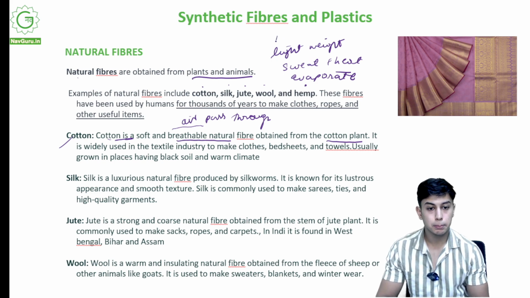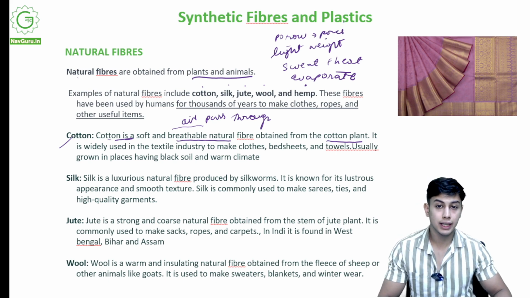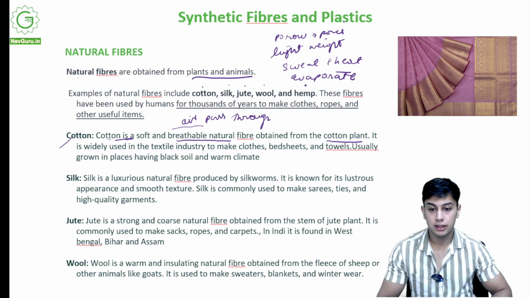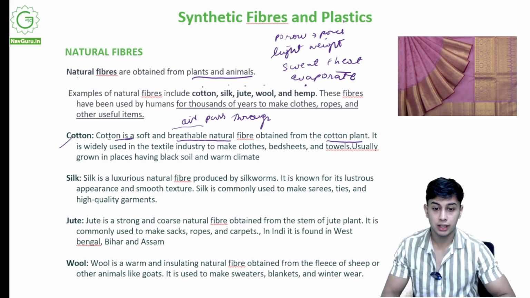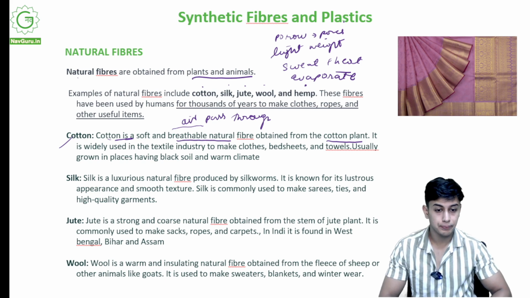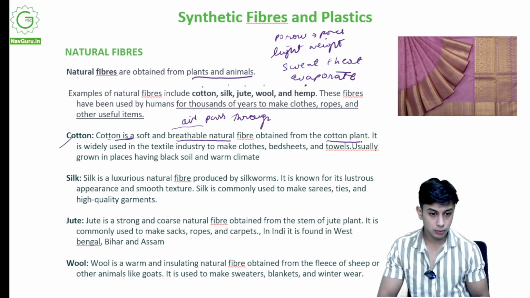It is porous. Porous means it has pores through which air can escape. Our sweat is evaporated. That is why we use cotton. It is also soft and lightweight. It is not heavy like wool or other synthetic fiber. And it is obtained from the cotton plant.